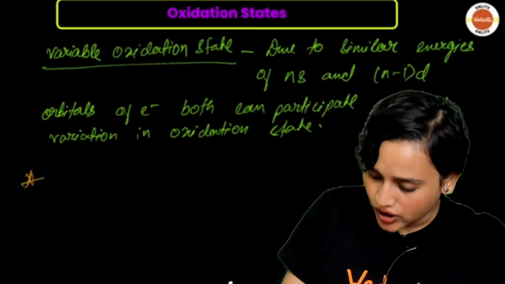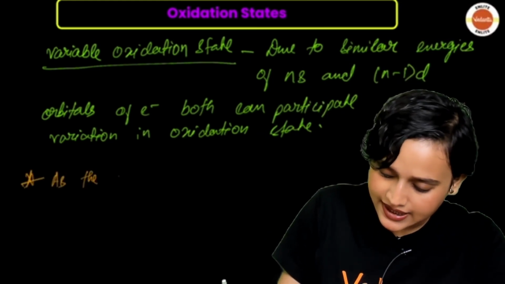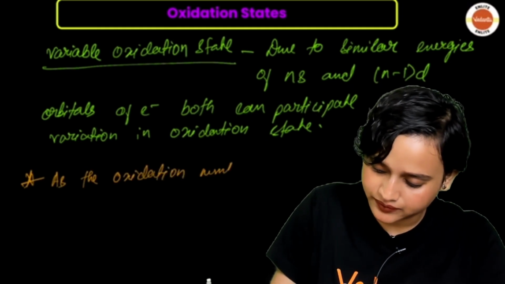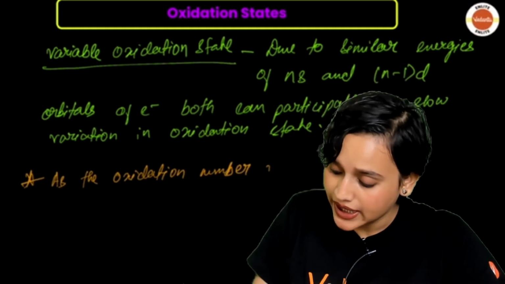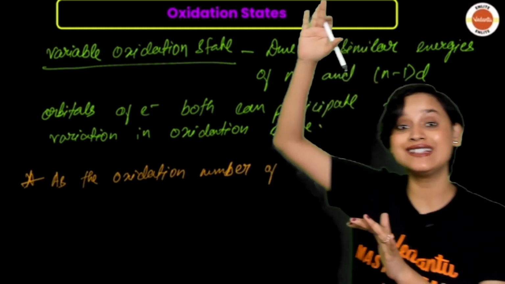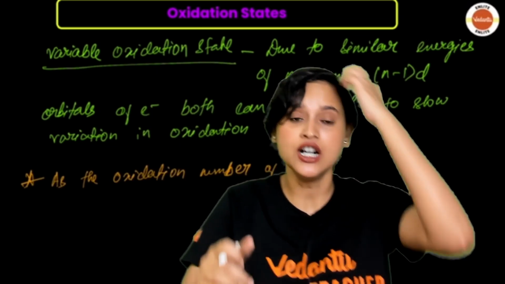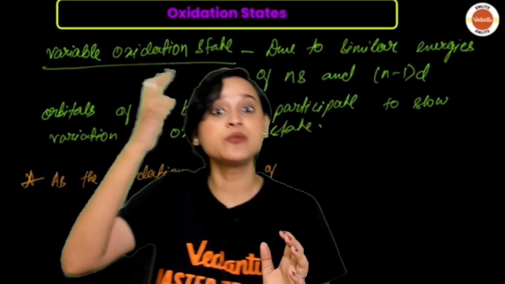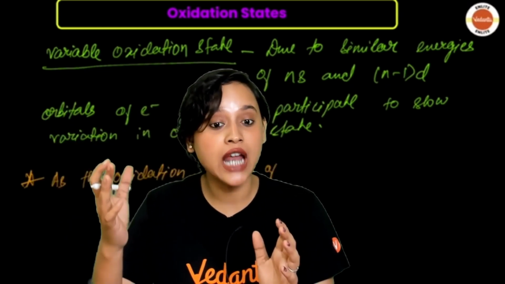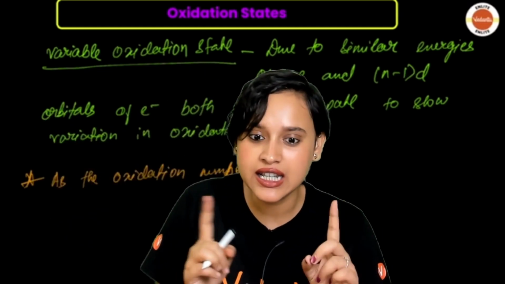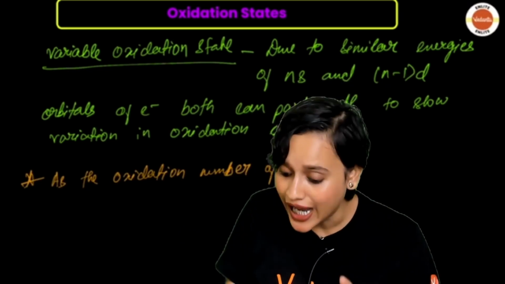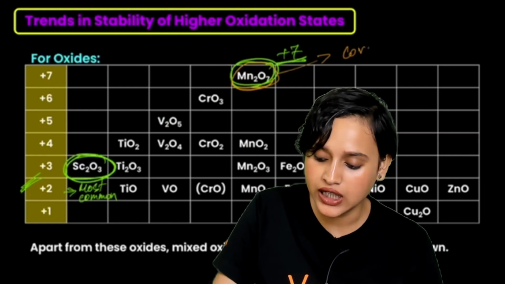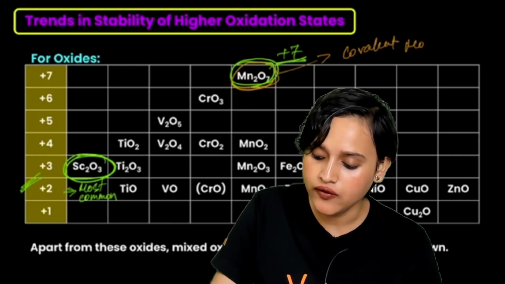As the oxidation number of a metal increases, say manganese at +7 oxidation state, what will happen? Fajan's rule: it will be a small cation but with more charge, so covalent character will increase. So Mn2O7 is a covalent molecule.